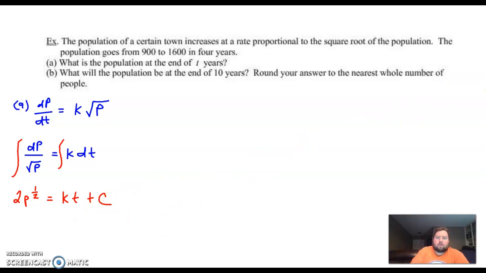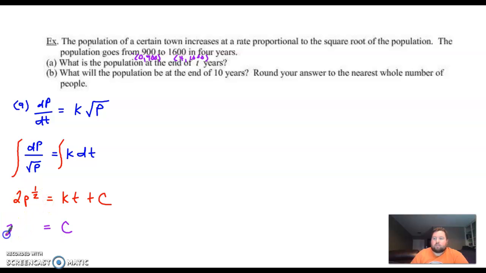All right, so now we're going to plug in our initial conditions. The population goes from 900 to 1600 in 4 years. So once again, these are 2 different initial conditions. We have (0, 900) and (4, 1600). Starting with the 0 one, that's going to zero out the kt part, giving us c.